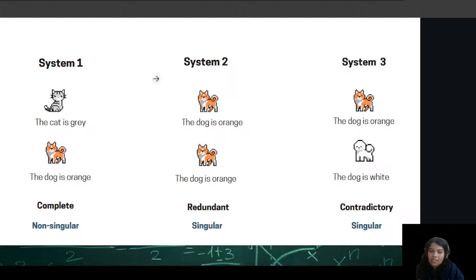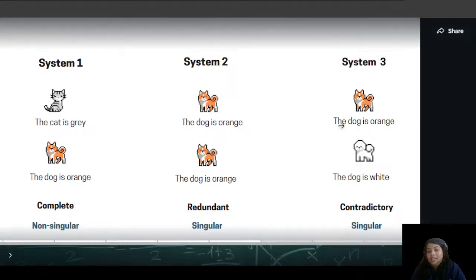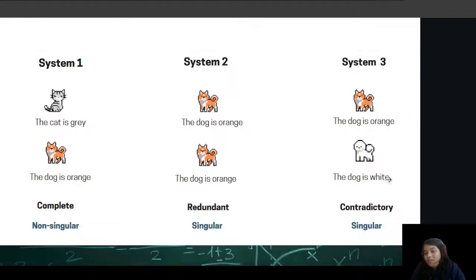As you can see, there are four: there is a cat and it is gray, and the dog is orange and the animal is a dog. But in system 2, there was only one entity, and they were basically repeating one another. As you can see in system 3, the last one, there is a bit of change: the dog is orange and the dog is white.